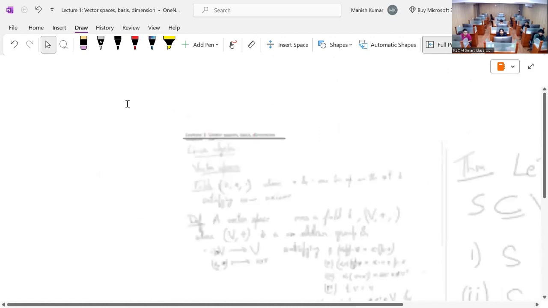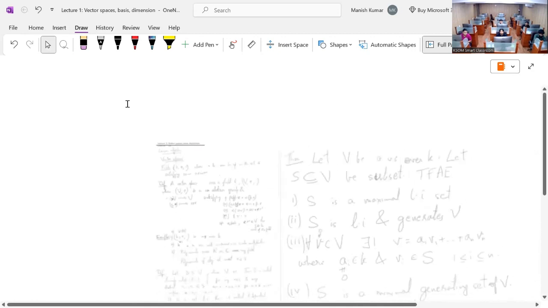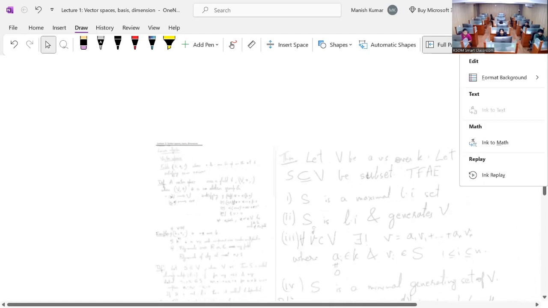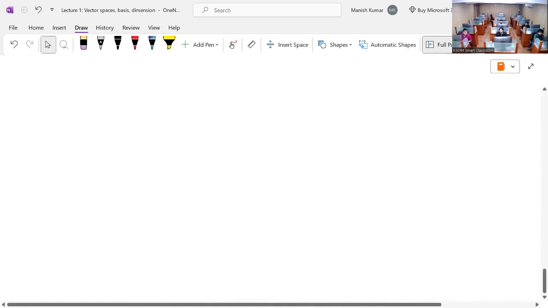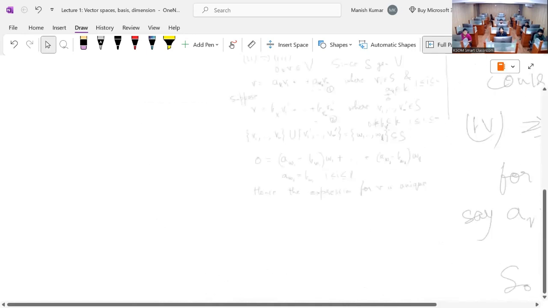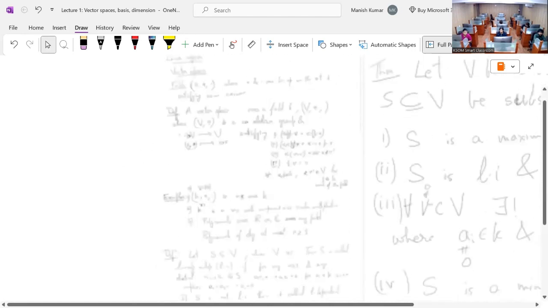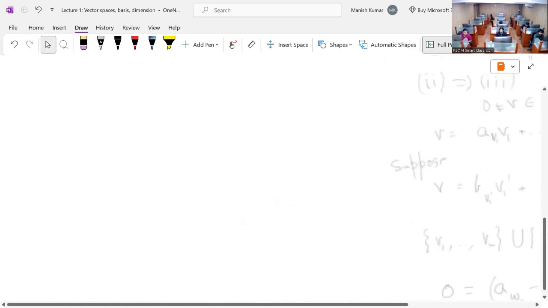It's not even moving. Maybe I'll have to use some other software. They've destroyed it. Okay, anyway, let's just try to get somewhere.